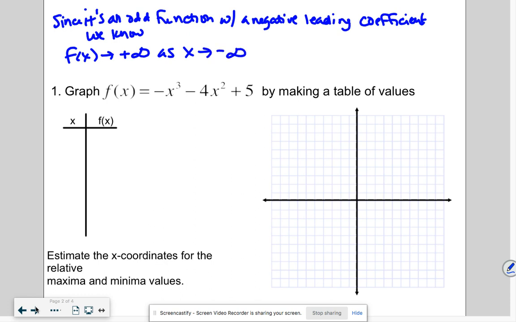They're going to go in opposite directions. It's going to go opposite of what it would normally do. And on the other end, f of x is going to head towards negative infinity as x approaches positive infinity.